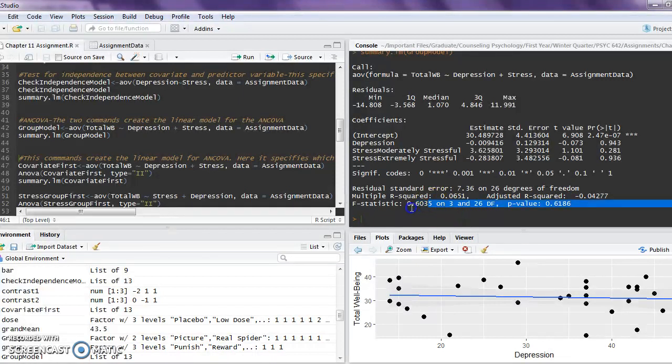The F statistic is kind of low, and comparing it to what we saw before with the ANOVA model that incorporates stress and total well-being, you see that it went down.